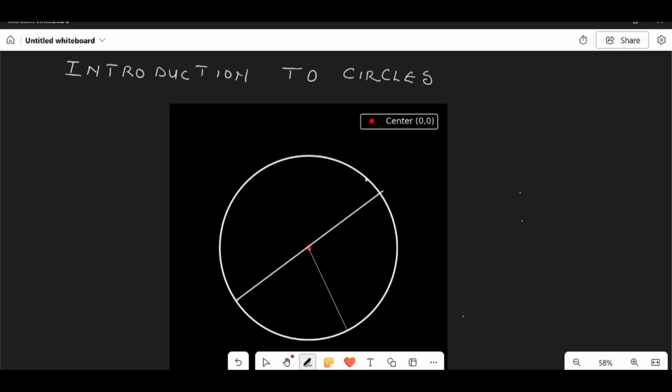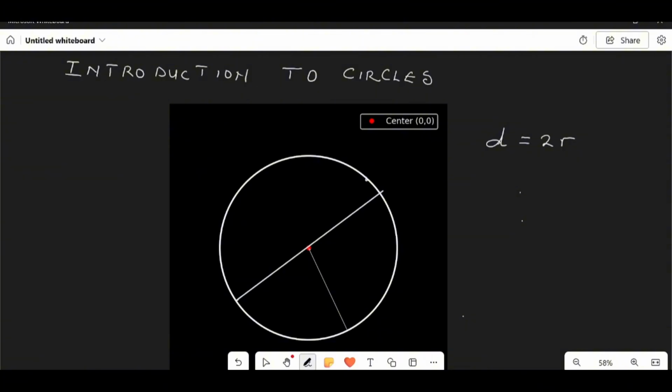It is always the longest chord of the circle, and the key relationship is d, which represents the diameter, equal to 2r, where r represents the radius. So the diameter is always twice the radius.